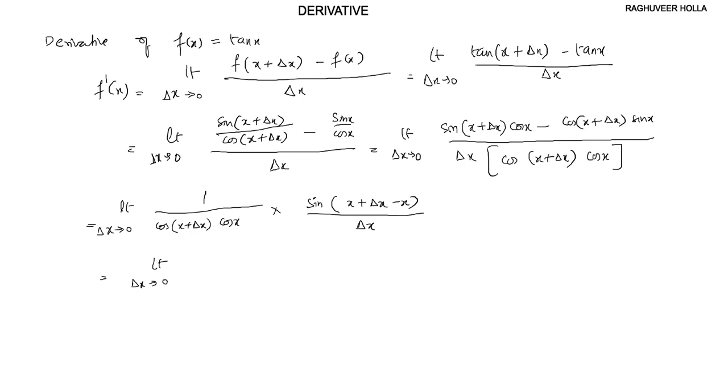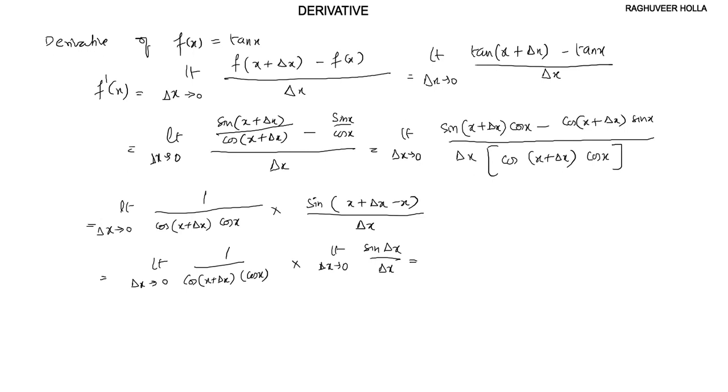Now applying limits on both the sides, so limit delta x tends to 0, this is 1 by cos of x plus delta x, and this is cos x, right?